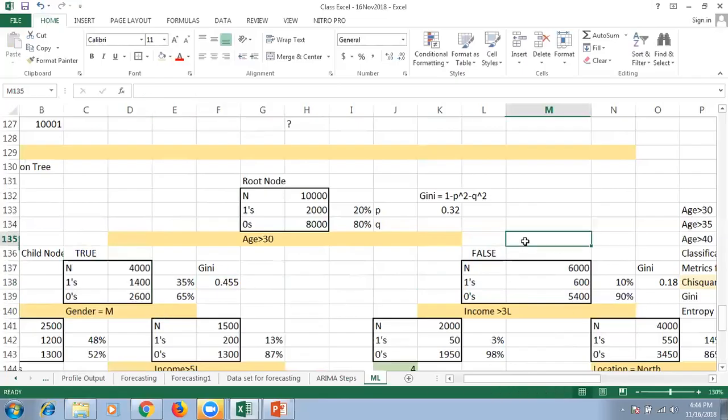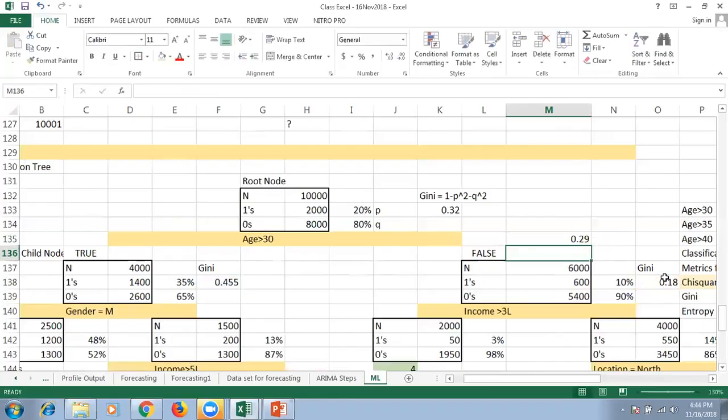At the level, it's a weighted average, based on the percentage of observations split into group one and group two, 40% and 60%. So 0.4 times the Gini value of this one plus 0.6 times the Gini value of this one.